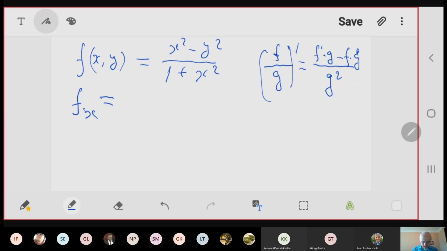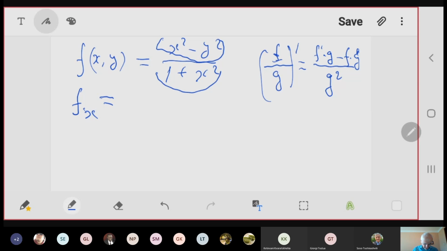Now in our case, what is in the numerator? It's f. And what is in the denominator? It's g. Please don't confuse this f with the other f.